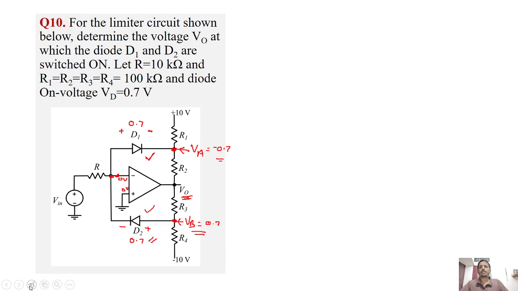So to determine this, we will find the value of VA and VB separately. Okay, so from this circuit, in order to find VA, we'll assume D1 is off, and this is R2, this is R1, and this is plus 10 volt.